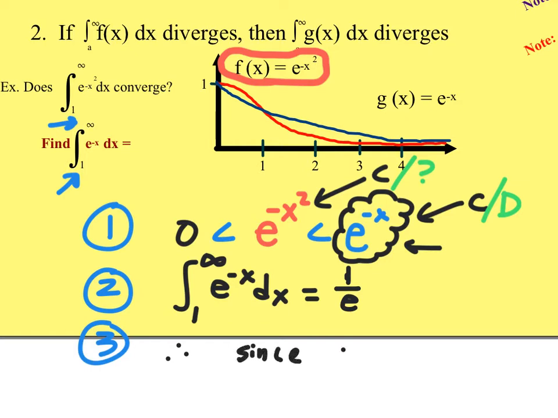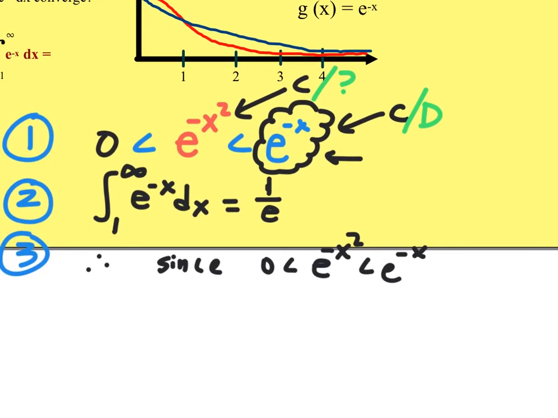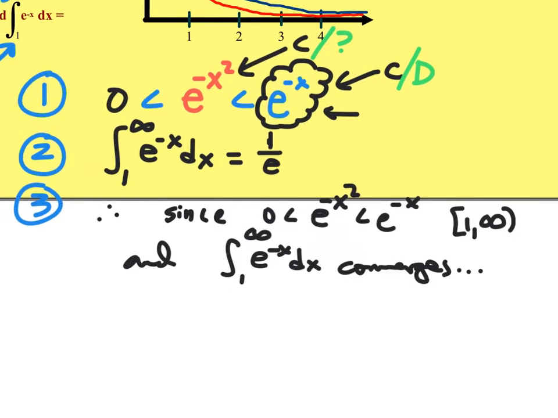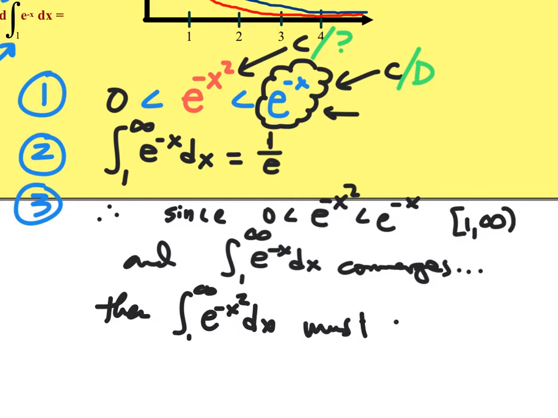since 0 is less than e to the negative x squared, which is always less than e to the negative x on this interval from 1 to infinity, and the integral from 1 to infinity of e to the negative x dx converges, then the integral from 1 to infinity of e to the negative x squared dx must also converge by the comparison test.